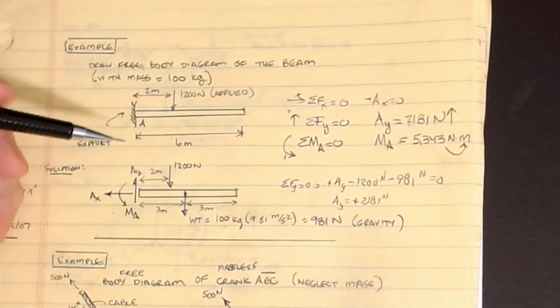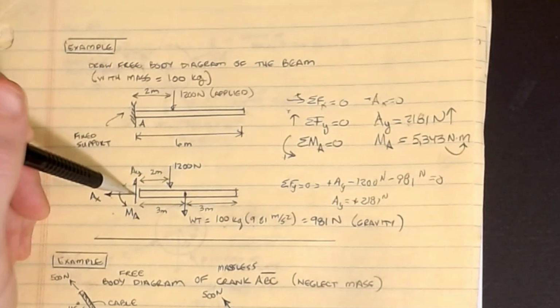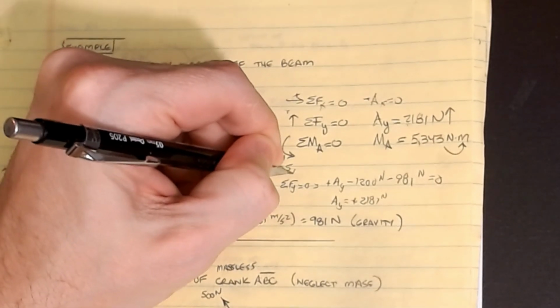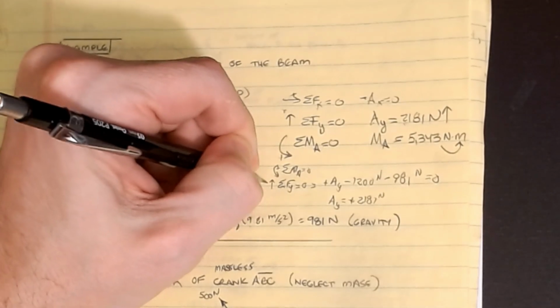Okay, now we can do the same thing for the moments. And if I do that, if I sum moments at the fixed support, then my equation is going to look like, and I guess I should write it here, sum of the moments at A, all equal to 0. We'll go counterclockwise positive. This one was up positive.